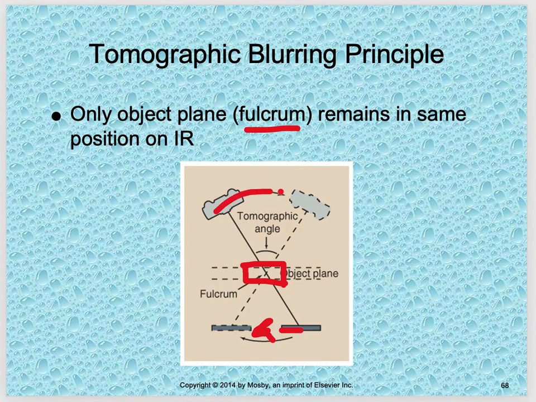Your tube is traveling, but it's staying right here in the center no matter which way it's going. It's taking that particular image of that spot, and so that is the object that's in the plane. So it's going to remain the same, and that's what's going to be produced on that image.